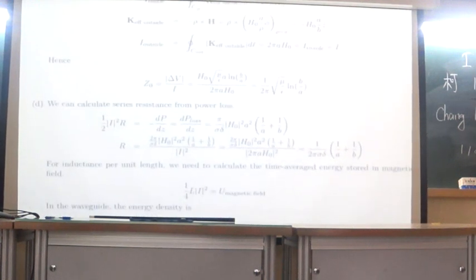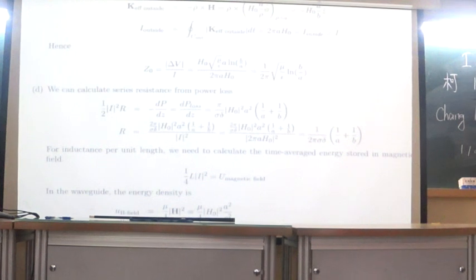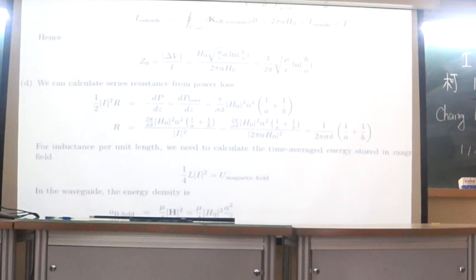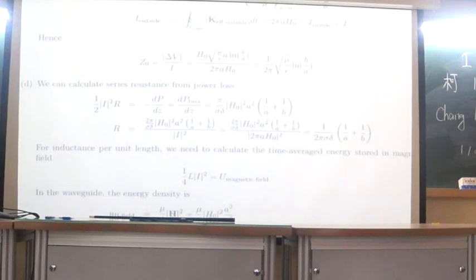And problem D asks you to calculate the series resistance from the power loss and the inductance of this system. You can calculate the resistance because in this system the power loss only comes from the conductor's resistance.